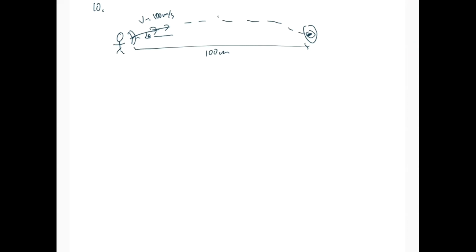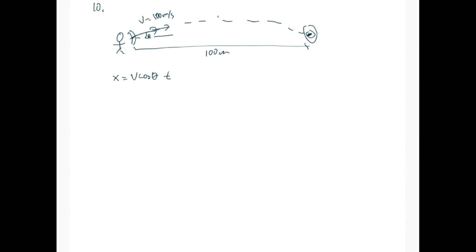So all we have to do, say the angle is theta, right? We can write the equations of motion for both directions. So the x velocity initially is v times cosine theta, and it has no acceleration in the x direction.